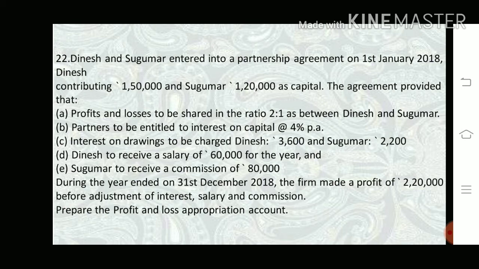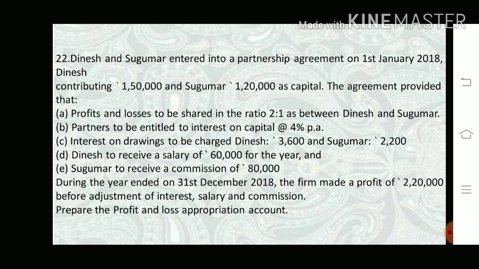Interest on drawings to be charged Dinesh 3,600 and Sukumar 2,200. Dinesh to receive a salary of 60,000 for the year and Sukumar to receive a commission of 80,000 during the year ended on 31st December 2018. The firm made a profit of 2,20,000 before adjustment of interest, salary and commission. Prepare the profit and loss appropriation account.